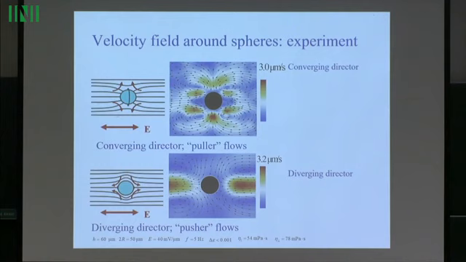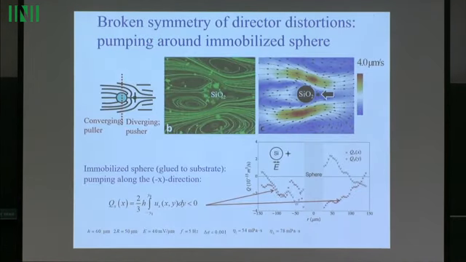So what I said is confirmed by these simple experiments: depending on the director gradients, the directionality of flows might be different. And then you just combine these two pictures by mentally taking one half of this picture and the other half of this picture, and you construct the dipolar structure of the hedgehog.